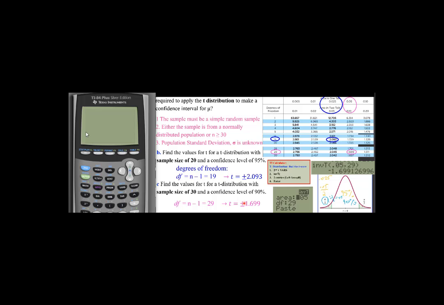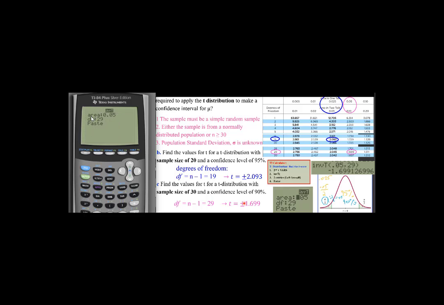Okay, so we have our TI-84 Plus Silver Edition calculator on. We're going to select second vars, then we're going to select inverse t, which is number 4. I'm going to move to number 4 and select enter.